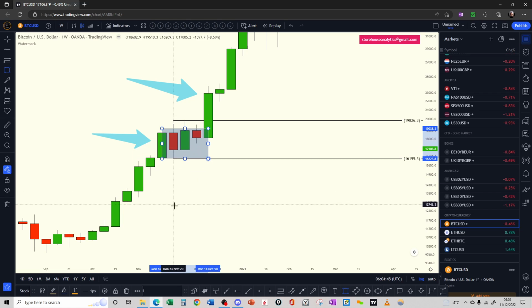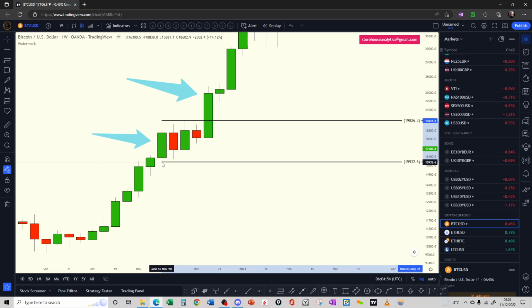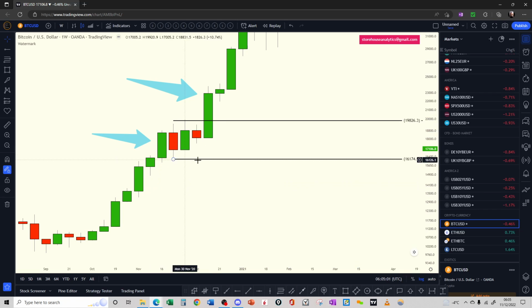So where is the lowest price in the base? Let me just take this one out. It's right there. So you're not putting it at the low of the rally in candle. You're putting it at the lowest price in the base. That's where the distal line always goes.